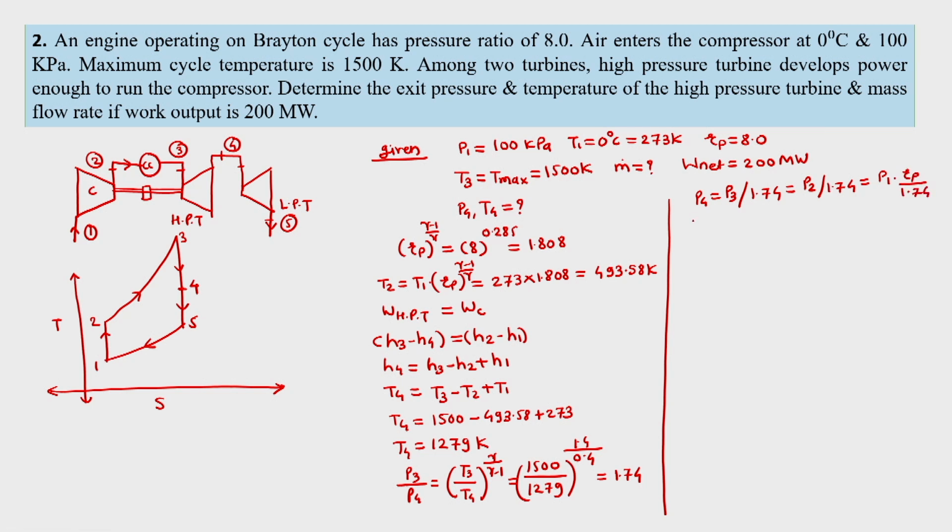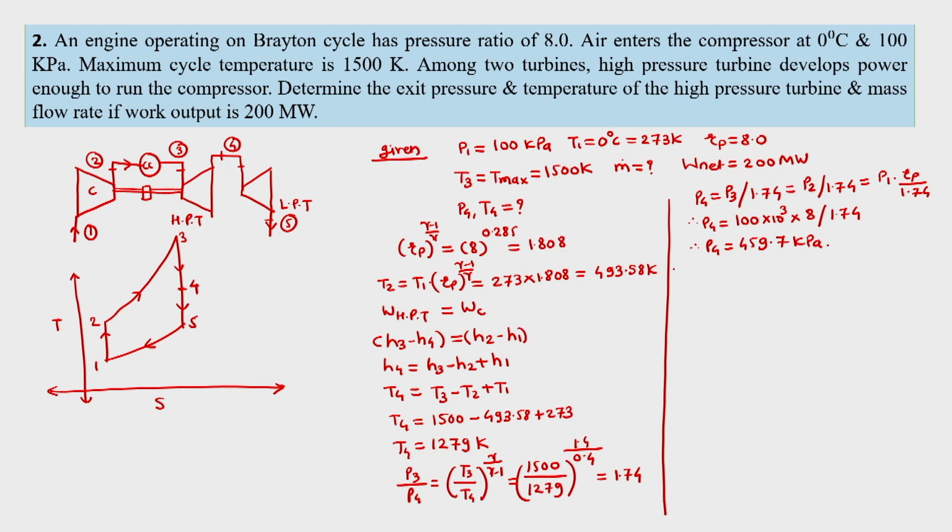So P4 is equal to P1, which is 100 kPa, or 100 into 10 to the power 3 Pascal, times Rp, which is 8, divided by 1.74. It gives us the pressure P4 as 459.7 kPa, or 4.597 into 10 to the power 5 Pascal.